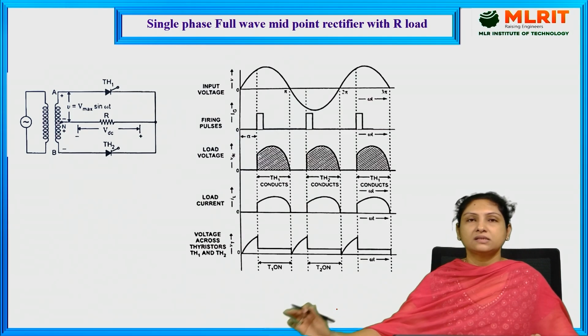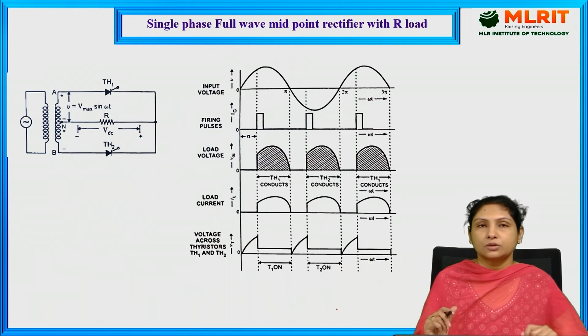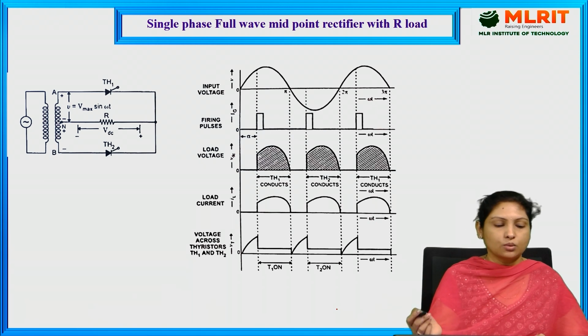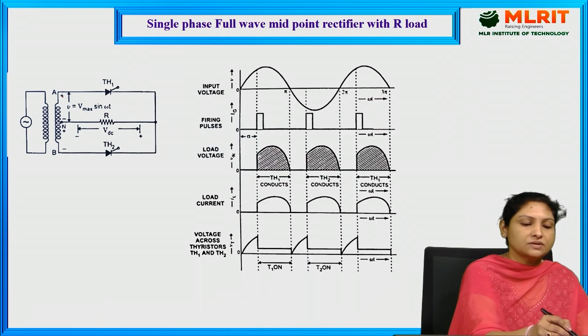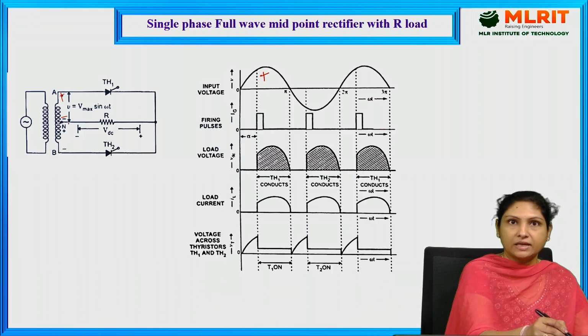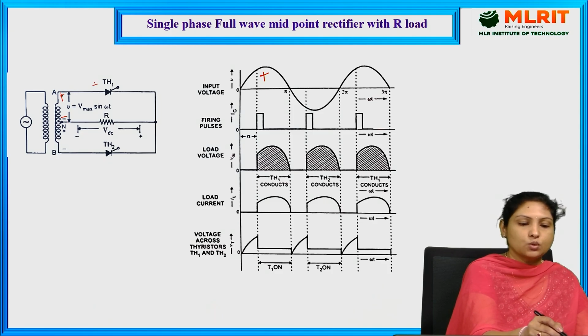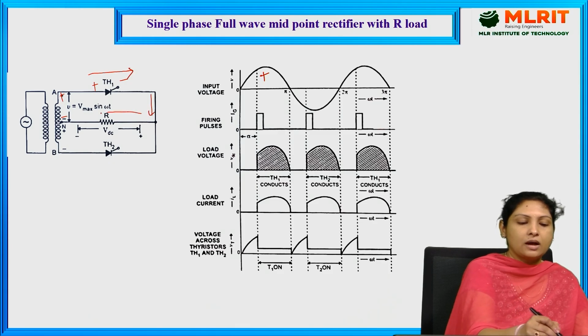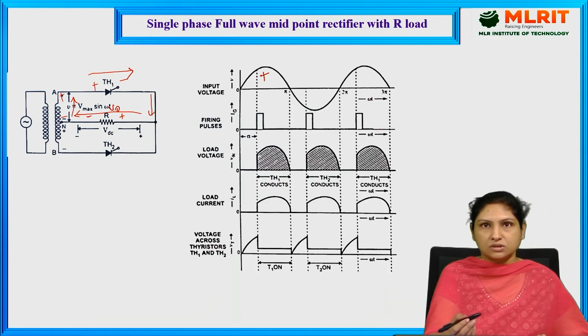Let us see the detailed circuit operation along with the waveform for the single phase full wave midpoint rectifier with R load. During the positive half cycle, since the polarities are positive, negative, the anode is positive with respect to the cathode, and thyristor 1 is conducting current through the load in this direction, and this is V0 during the positive half cycle.